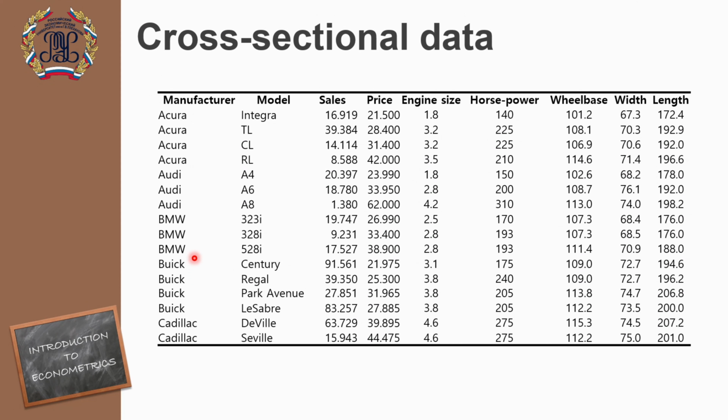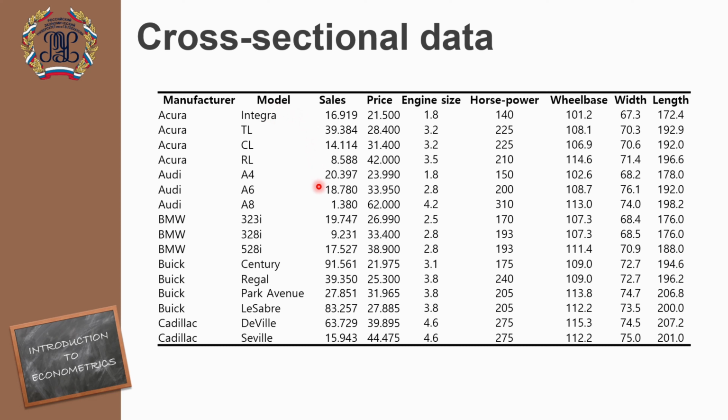Now let's take a look at the example of cross-sectional data. We have a table containing car sales statistics. We have the manufacturer, the model, the number of sales, the price, engine size, horsepower, wheelbase, width, length. So all these are characteristics of the specific model that is sold on the market.